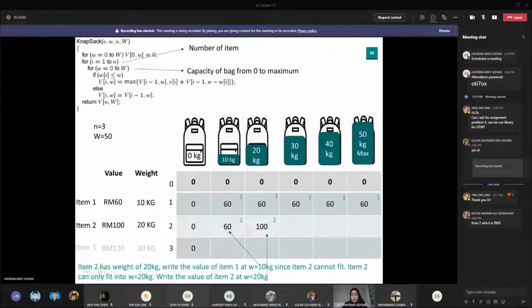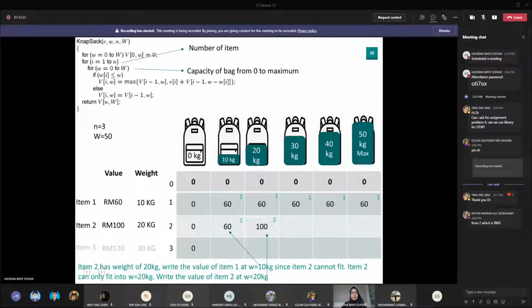So we will stick to the value of 60. But when we use the capacity of 20 kgs, then the highest value is when we ask the thief to take item number 2, which is 100. Therefore, I put here item number 2, 100.